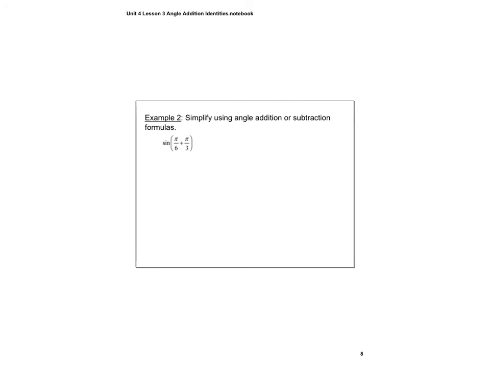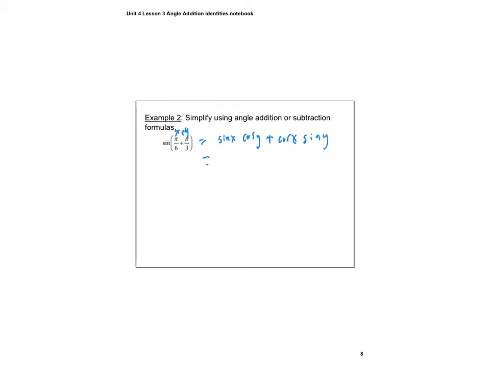All right, so we could also simplify using our angle addition or subtraction formulas. So we're going to treat this as if this is the sine of x plus y. Well, there is a nice formula for that. The sine of x plus y there is the sine of x times the cosine of y plus the cosine of x times the sine of y.